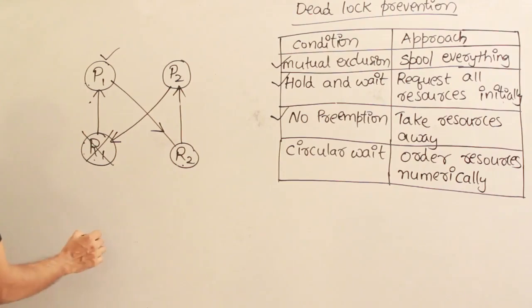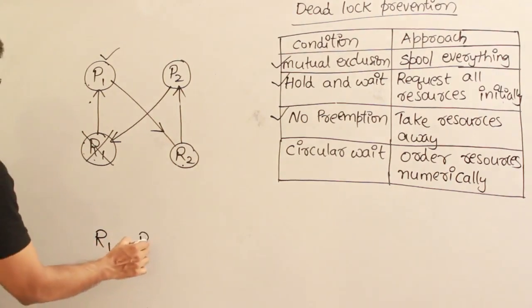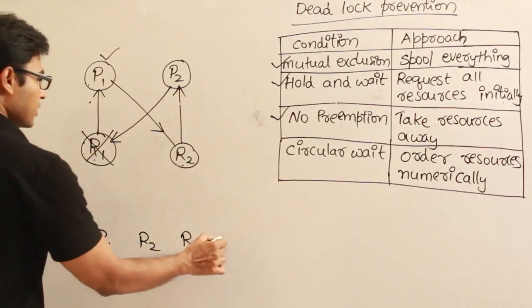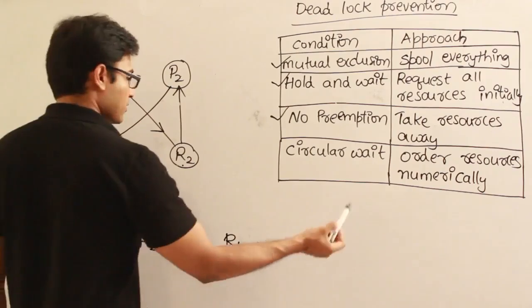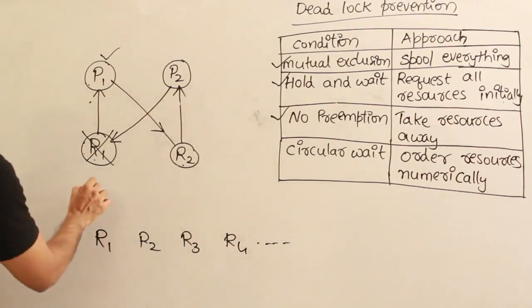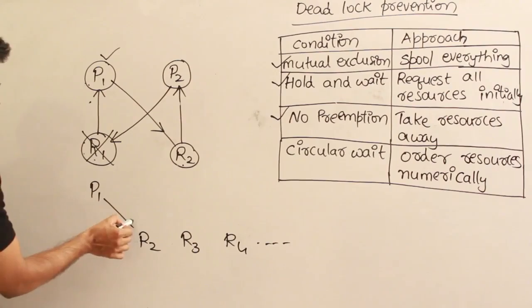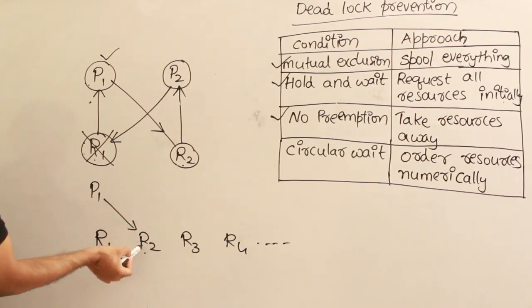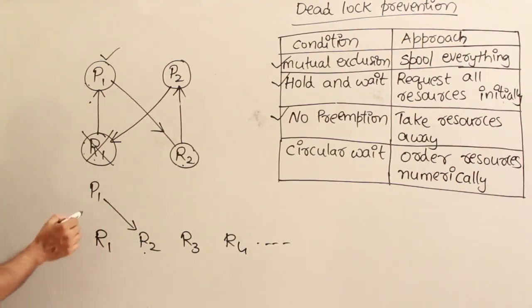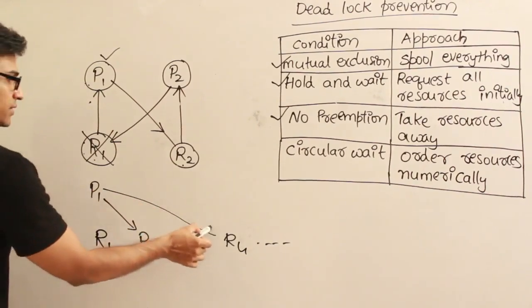Let us say all the resources are numbered like this: R1, R2, R3, R4, and so on, right? Now a process P1 is supposed to request. If it requested resource number R2, and if it got it, then it should not ask for R1 again. It should ask for something greater than this, right?